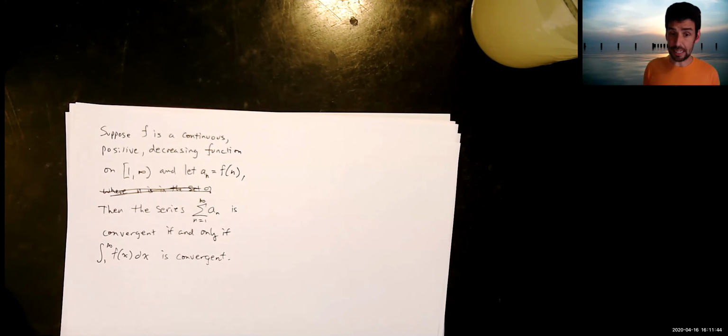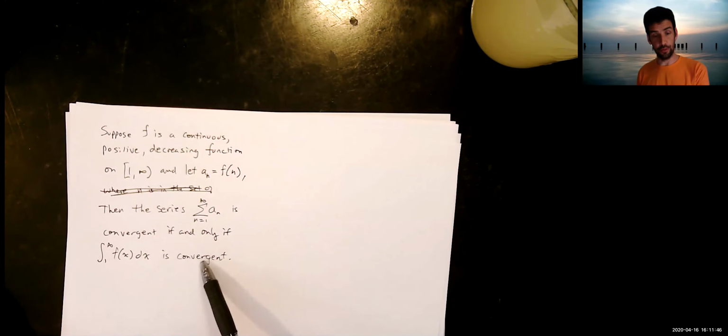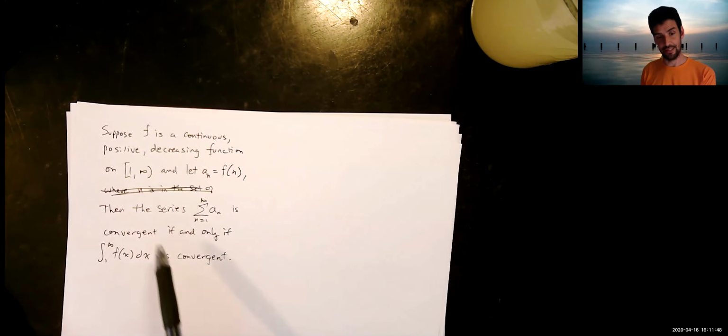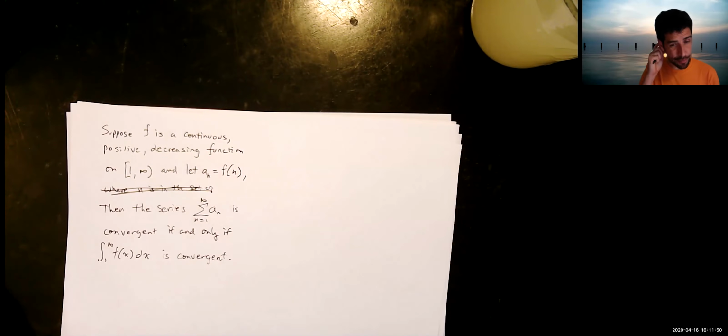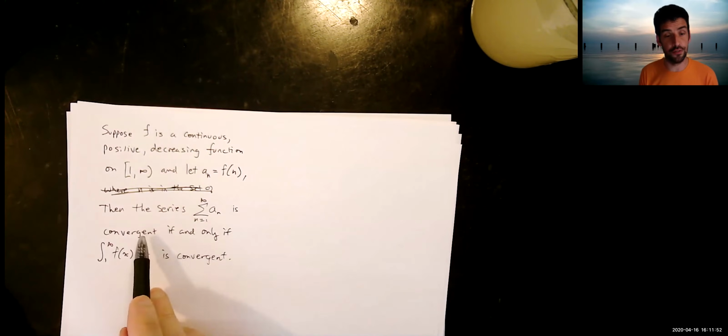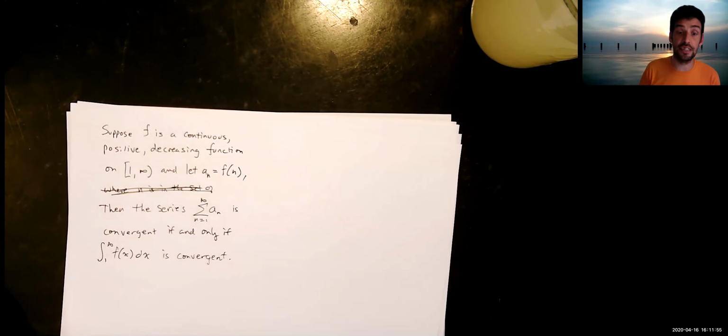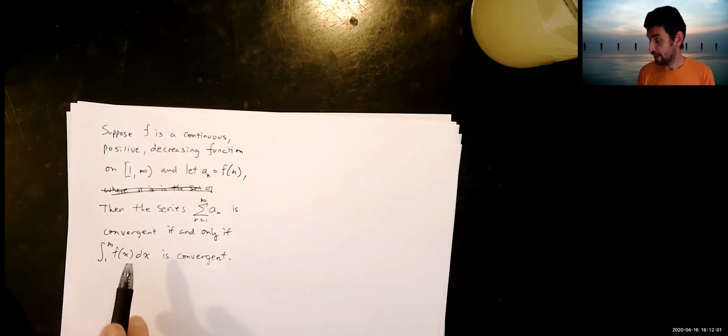Just to be clear, I want to note that we're using the word convergent differently here, right? They're pretty well related, but we actually mean two different things. Convergence of a series means the limit of partial sums converges to a number.